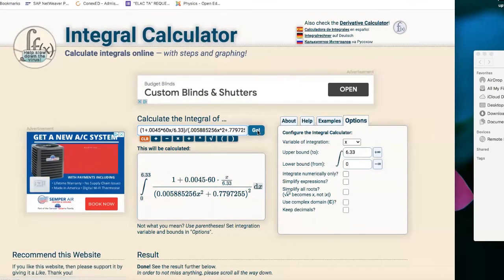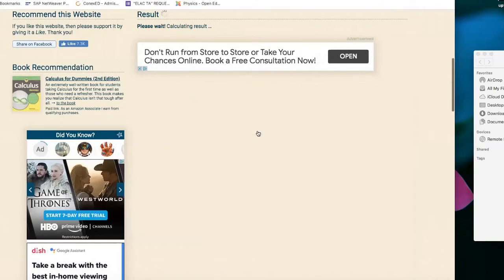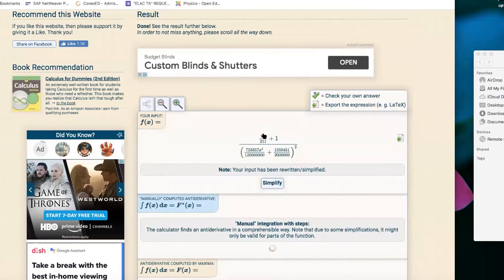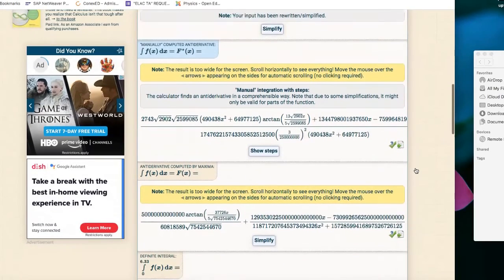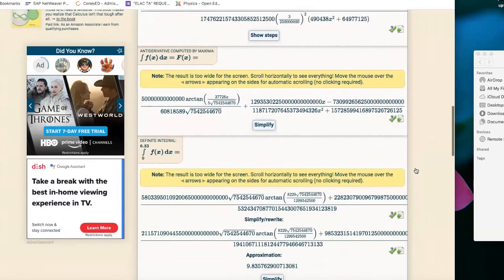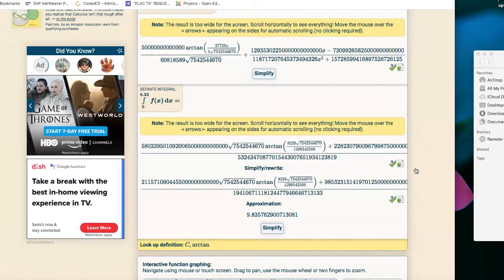Okay, now let's go. Okay, it came out bigger. Yeah, before it was 8.7.